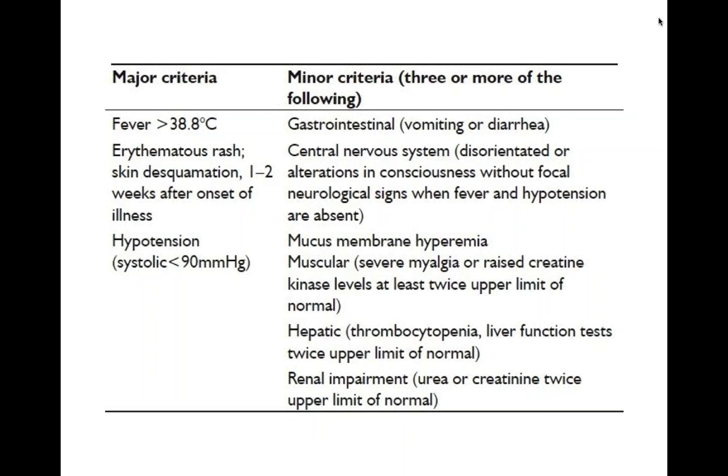The major criteria which I told you: fever, hypotension, and involvement of three or more organ systems: gastro, CNS, mucous membrane, muscular with high CPK level, liver involvement, and renal involvement with raised BUN and creatinine. Mucous membrane redness, conjunctivitis or vaginitis. Okay, clear. So that's toxic shock syndrome, simple.